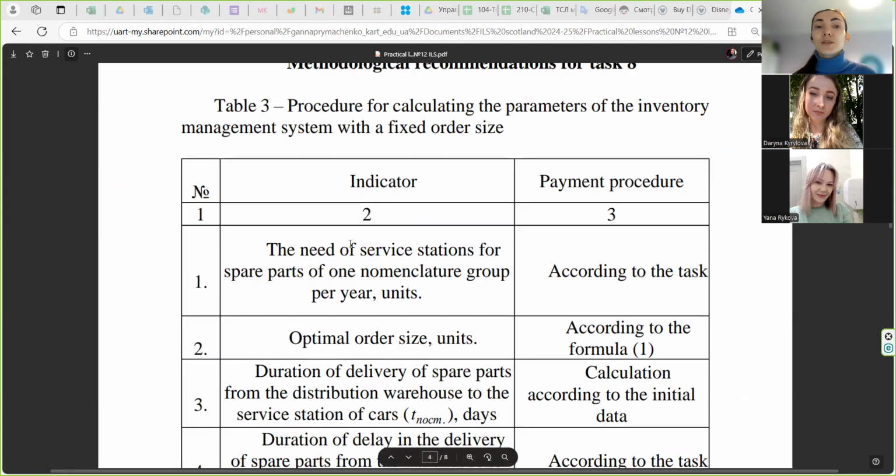So the first parameter is the need of service stations for spare parts of one nomenclature group per year in units. We need to find this information by our variants according to the task. We have this information in our table 1 or 2 for different variants.